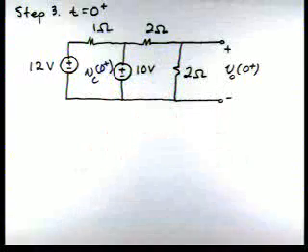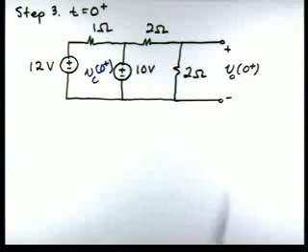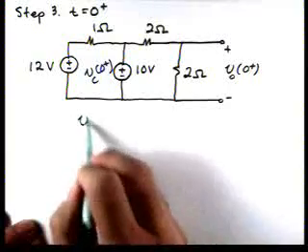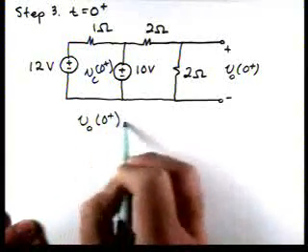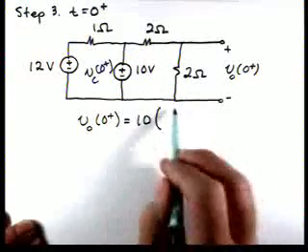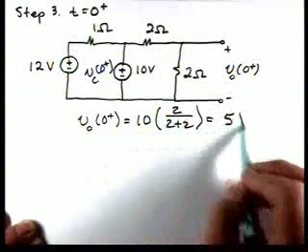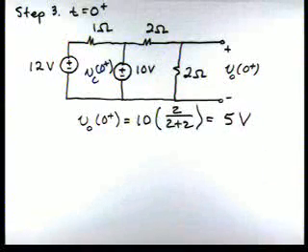It's represented by that 10 volt source. Now we want to calculate the value of V0 plus, and if we look, we've got a simple voltage divider. So V0 of 0 plus, then we have 10 volts, and it's divided equally between those two resistors. So V0 of 0 plus then is 5 volts.